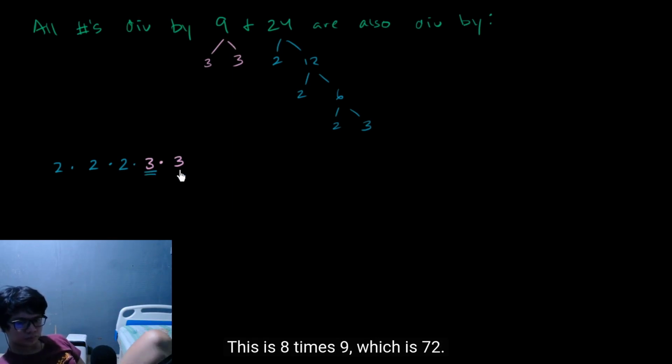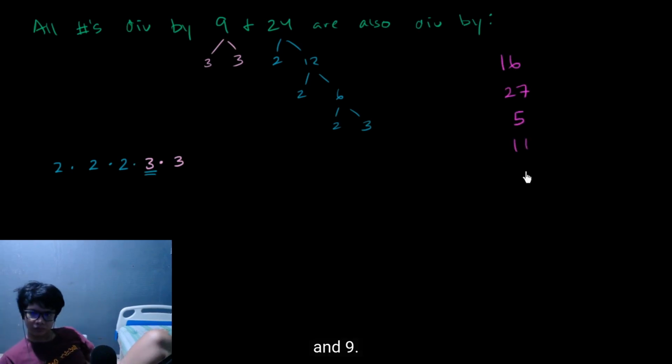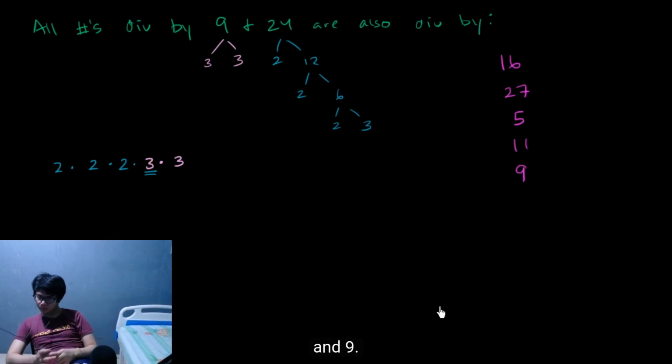This is 8 times 9, which is 72. So if the choices for this question, let's assume that it was multiple choice, were 16, 27, 5, 11, and 9.